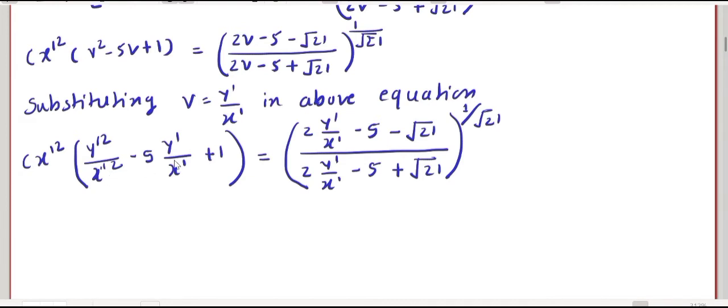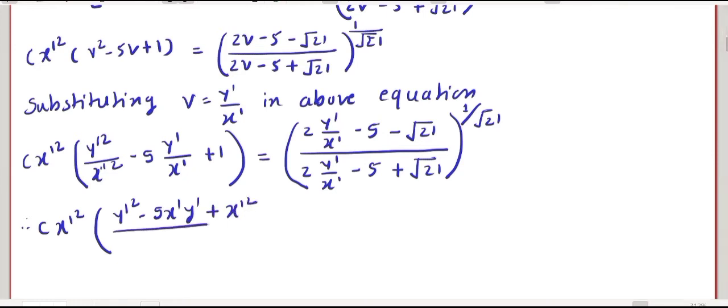Now we have to simplify this. We get c into x dash square into (y dash square minus 5 x dash y dash plus x dash square) divided by x dash square is equal to, now again here we have to simplify and cancel x dash to the x dash.